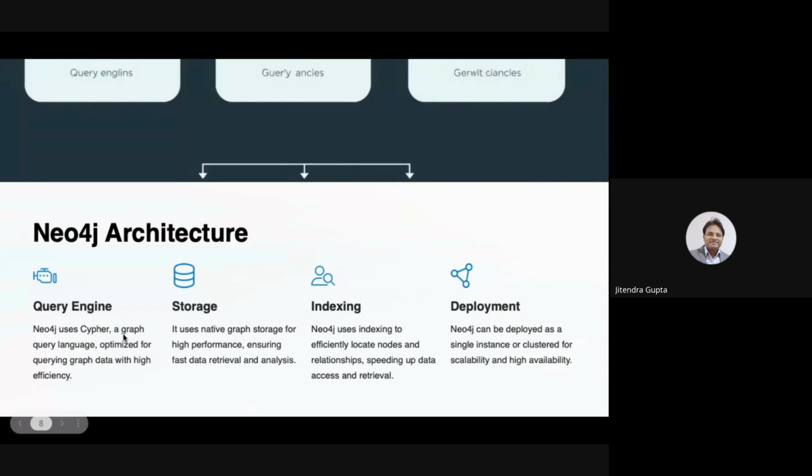That's why it's a graph query language, optimized for querying graph data with high efficiency. For storing any information, it uses graph storage. That's where the storage part comes in, and indexing is performed, but this indexing is definitely different from what you do with traditional structured databases.